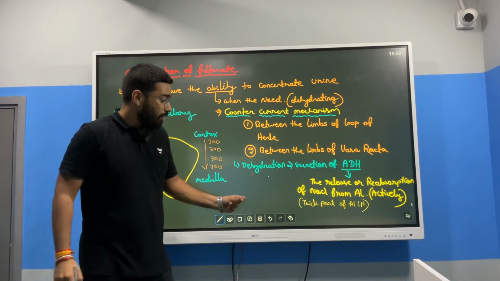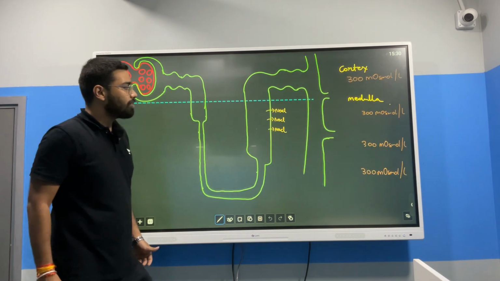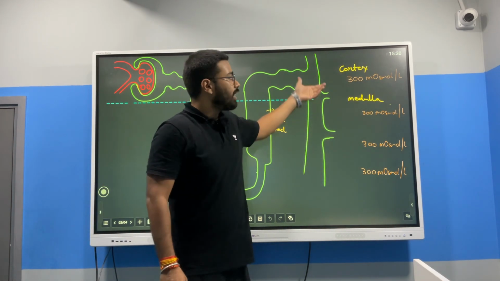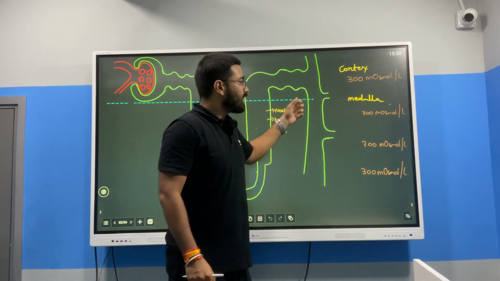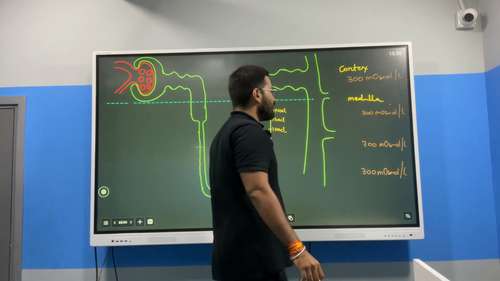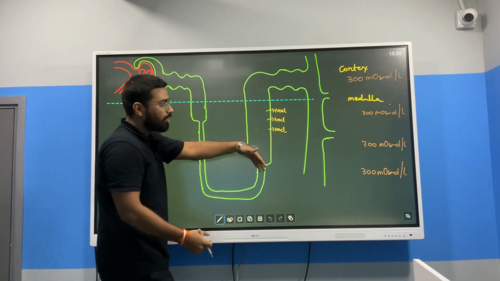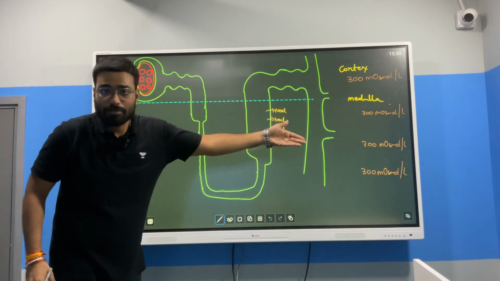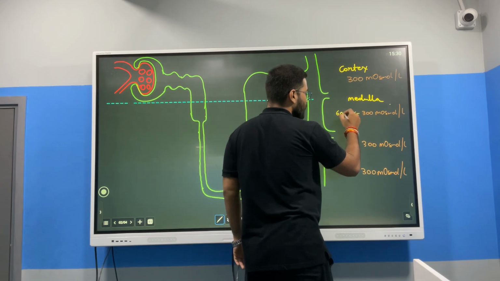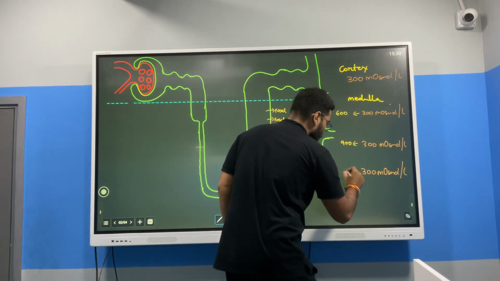Understood? Now if that happens, what will happen? Slowly, NaCl came out into the interstitium. When NaCl comes out, of course the concentration will change. As we go down, more NaCl will get released and reabsorbed. Then the concentration will change to 600, 900, 1200.